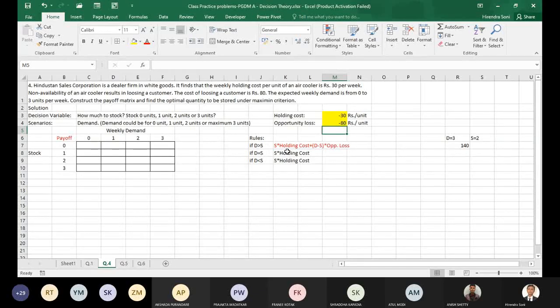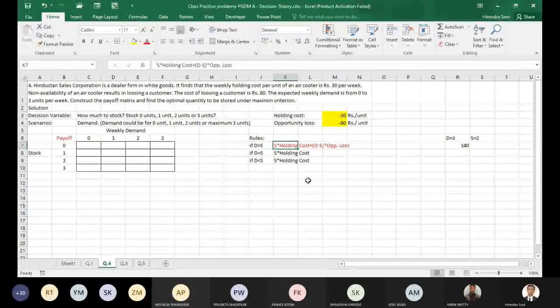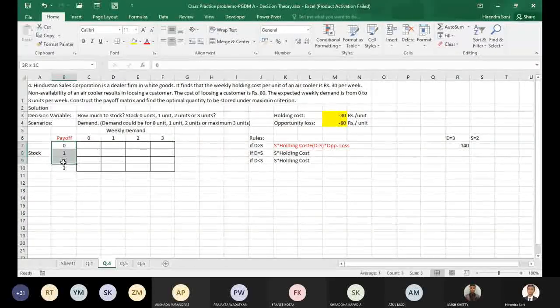Okay. Now the rules could be, if your demand is greater than the supply, the cost that you are going to incur would be whatever you stock into your holding cost. So holding cost is 30 rupees. And if the demand is more than the supply, that means there would be some customers whom you will not be able to supply the air cooler.